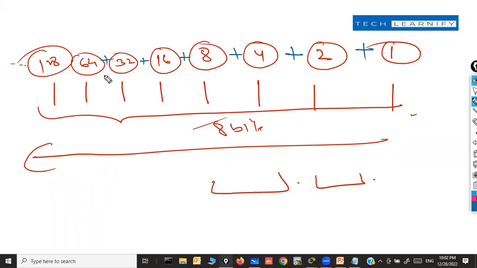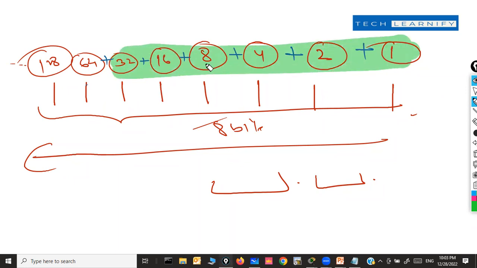There is another shortcut method. If you add all these values, the number you get would be less than 1 from this one. So this value is 64, and adding them together, you will get 63, right?